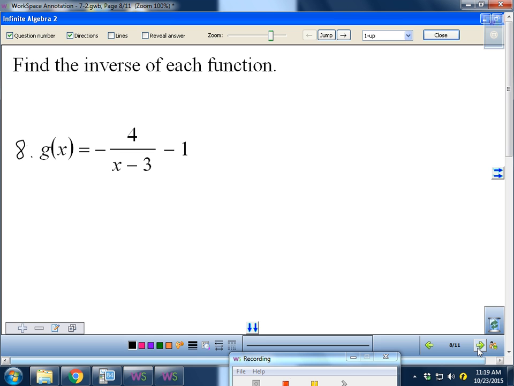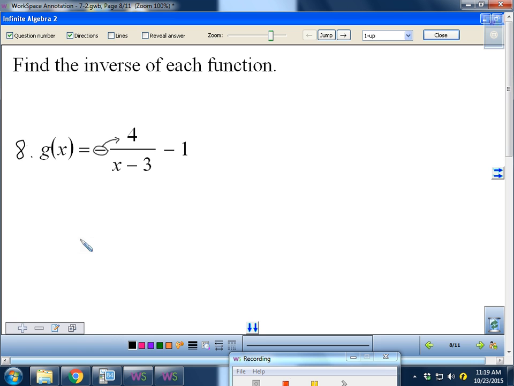Okay. So I want you to notice something. Notice that there is a minus out front here. Listen to me carefully. When there is a minus in the front, you're going to put it with whatever is on the top. Okay? You don't put it with the top and the bottom.